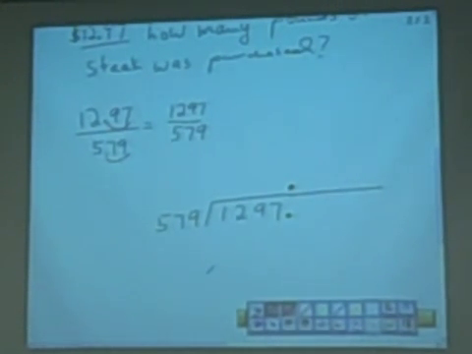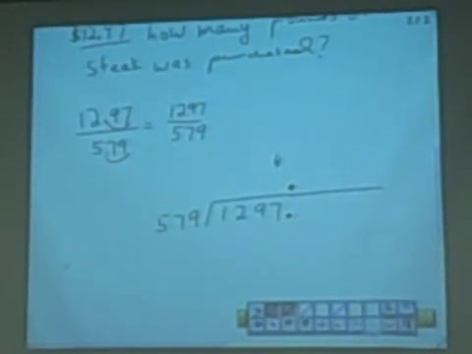Alright, so we want to estimate. 579 does not go into 129, right? So that means we have to start in the units place. So let's say we're working with 580 and 1300, or 58 and 130.